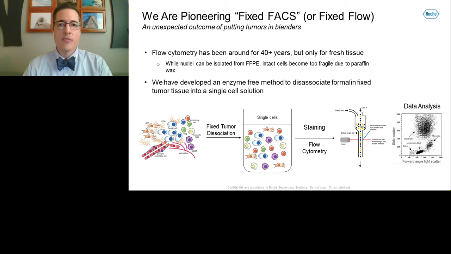However, the formalin fixation, we find, really damages the cell membranes and creates very fragile cells that are really not amenable to flow cytometry, which is why I think we don't do flow cytometry today on formalin-fixed cells, at least of intact cells. And so I hope to convince you in the coming slides that this method is very robust. It's very similar to fresh, and I think has some really interesting outputs that I believe the viewers of this seminar will really, really appreciate.